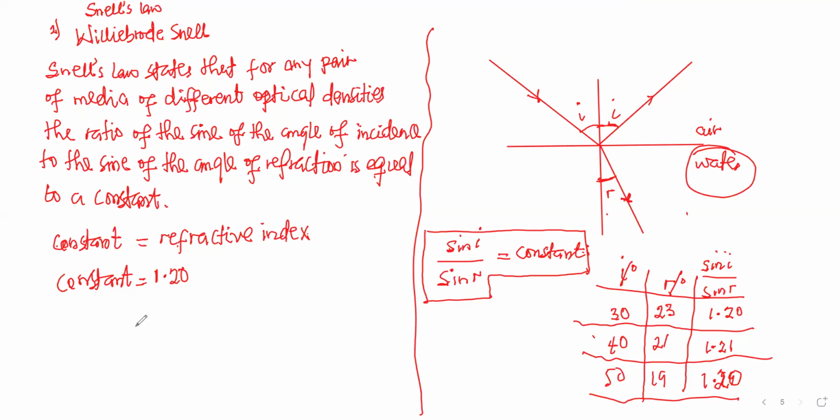Okay, so this 1.2 value is what we term as the refractive index of, let me qualify, we'll come to it, the absolute refractive index of the denser material. Absolute refractive index. Yes, Gideon.